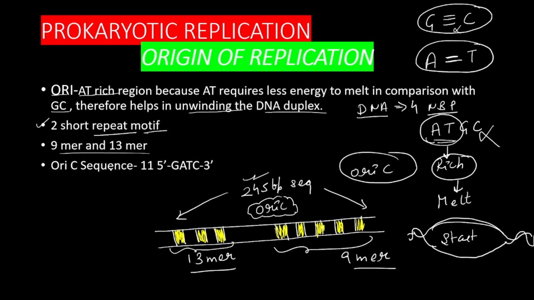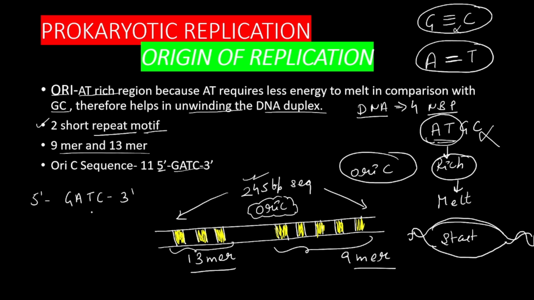The ORI-C sequence has 5 prime GATC 3 prime. Now what will happen? How will the cell or the DNA know that it now has to undergo replication?